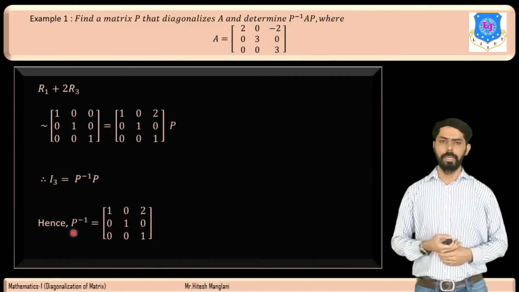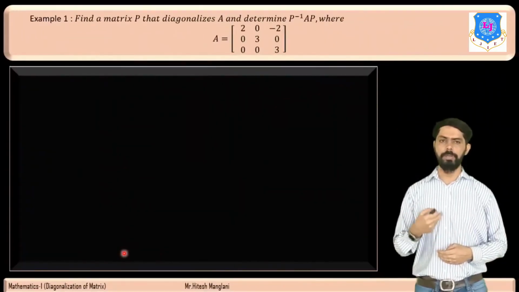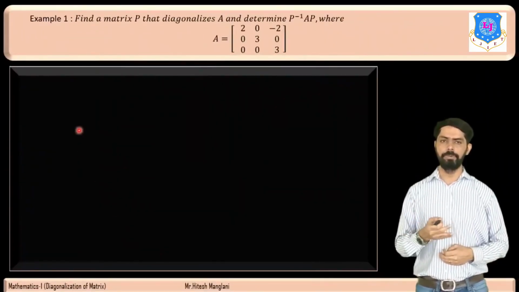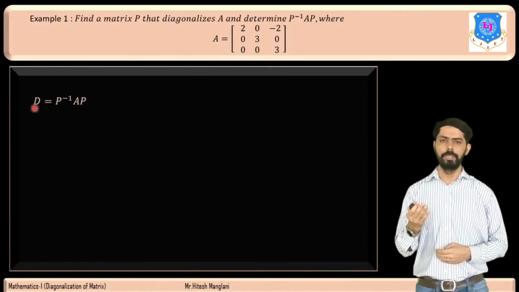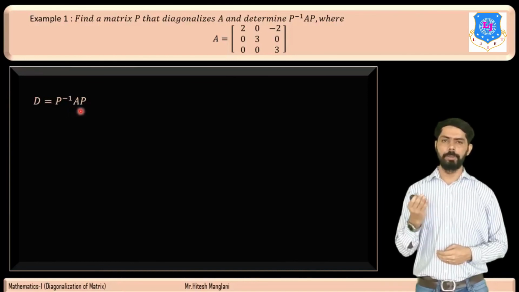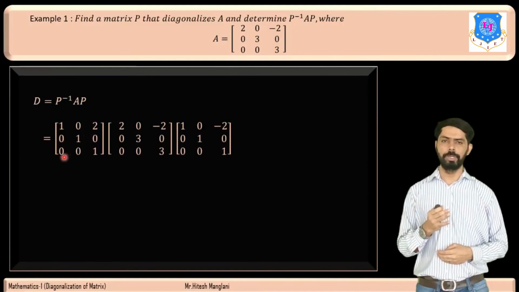Now here, as we have to find matrix P that diagonalizes A, we have already found matrix P, and also we will have to find P inverse AP, which is also called the diagonal matrix. So the diagonal matrix D is given by P inverse AP. So here P inverse is [1 0 2; 0 1 0; 0 0 1].